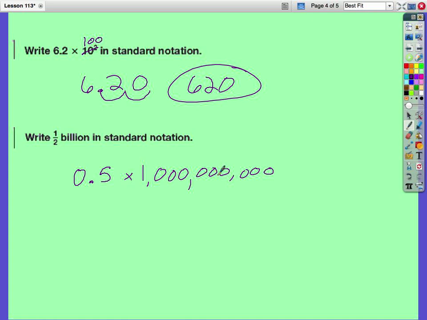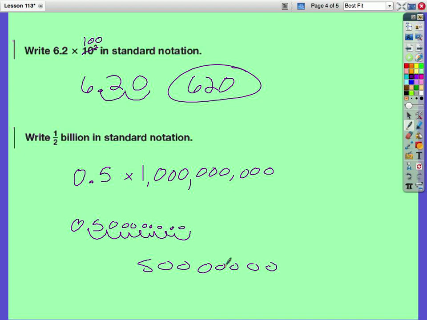And just move my decimal point 9 places to the right because I'm multiplying. If I have my 0.5, 1, 2, 3, 4, 5, 6, 7, 8, 9. Should get with 8 zeros. So I should get 500 million.